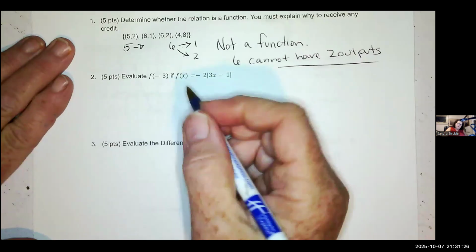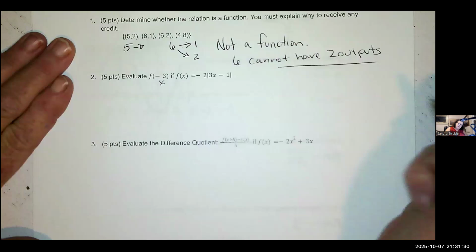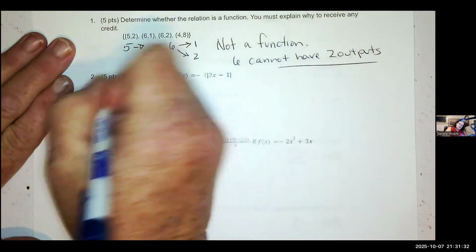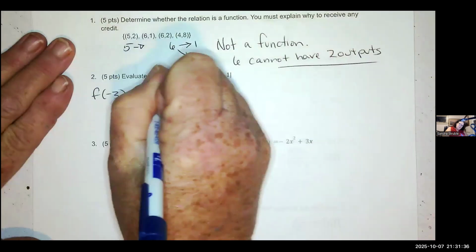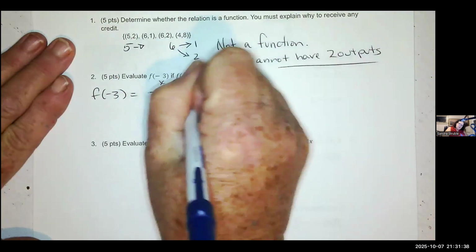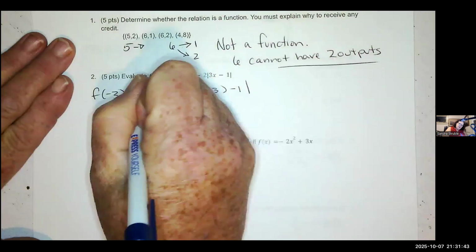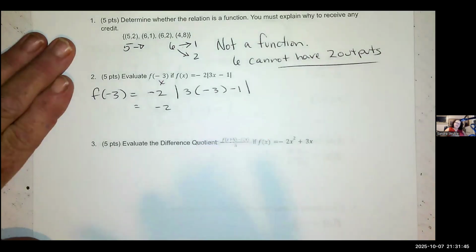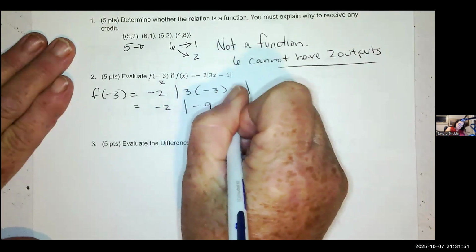Evaluate f of -3. Well, this is just saying that x is -3. So that's f of x, so f of -3, and I'm just substituting here. Everywhere there's an x, I'm substituting -3 and simplifying. You have to do what's inside the absolute value first. 3 times -3 is -9, minus 1.